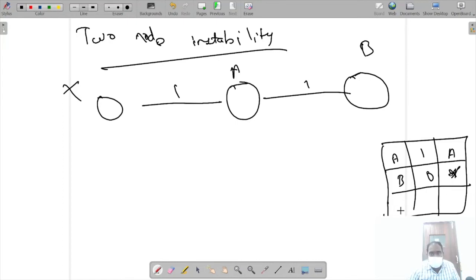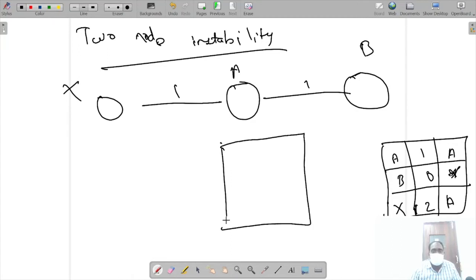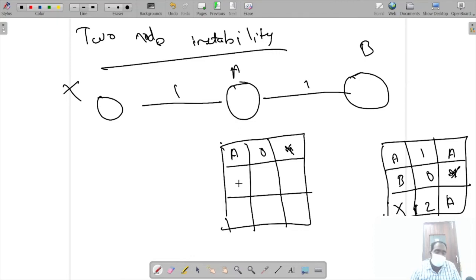I can reach X at a cost of 2 and the next hop is A. This is B's routing table. And A's routing table will be like: I can reach A at a cost of 0 and there is no next hop because that's me. I can reach B at a cost of 1 and the next hop is B itself. I can reach X at a cost of 1 and the next hop is X itself.